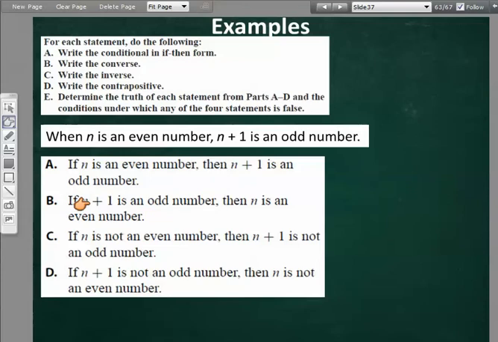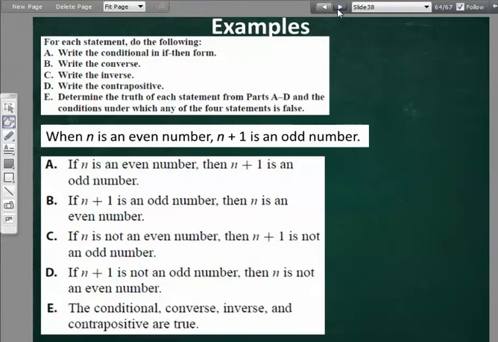If I have n plus 1 equals 5, that means n was a 4, and 4 is an even number. So my converse and inverse are also true. There we go. You got to give Ms. Poor a second to unscramble everything in her mind. The conditional, converse, inverse, and contrapositive are true.